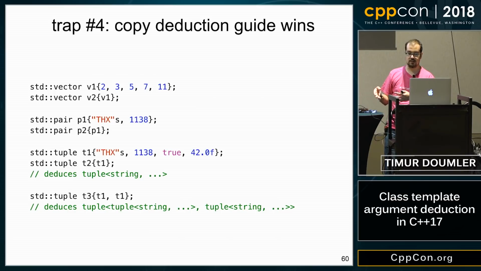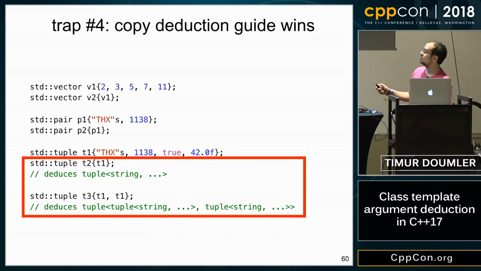Then depending on whether it's empty, there's one element, or more than one element, 3 completely different things are going to happen. And this can be dangerous. So it's worth keeping in mind that with these classes, if you give them one element in braces, they typically will copy. And if you give them more than one element in braces, they're going to use the list initialization.